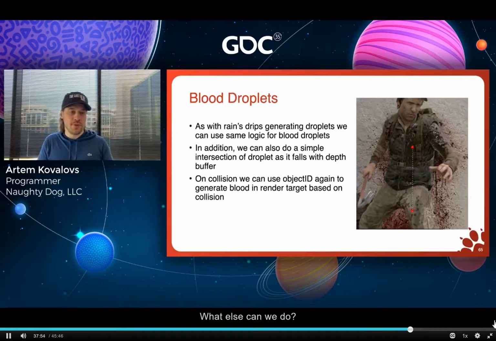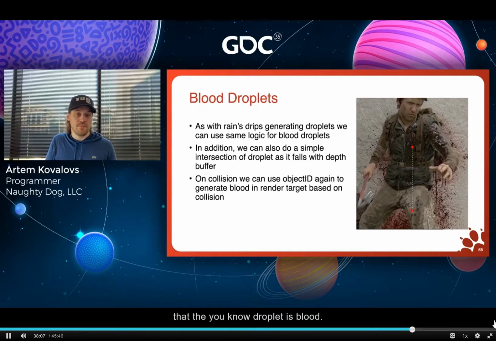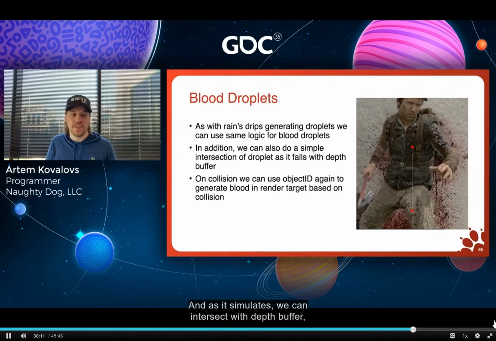What else can we do? Well, we were talking about droplets before, right? With rain, we were generating water droplets. With blood, we can generate blood droplets. And to enhance this, we know that the droplet is blood, and as it simulates, we can intersect it with the depth buffer to see whether or not the particle actually starts intersecting geometry.